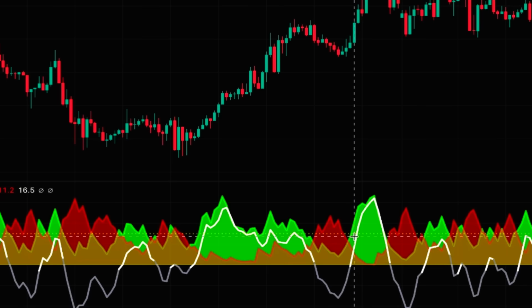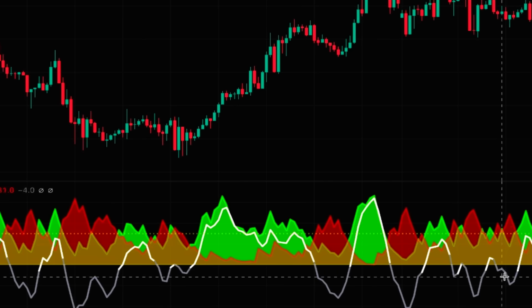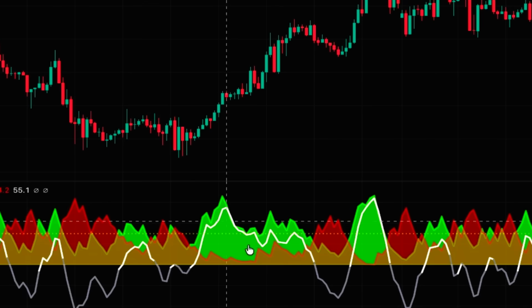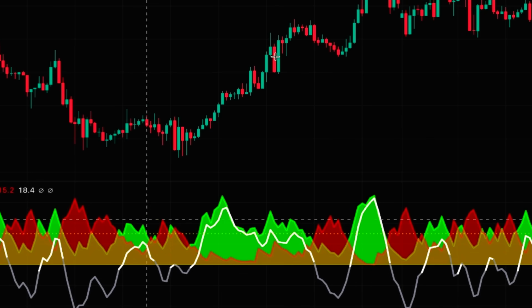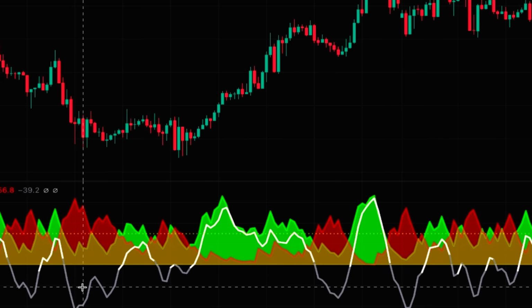You can consider it as an average pressure in the market. Unlike the green area and red area that are above zero, this white line is moving above and below zero. When the white line is above zero, there is higher buying pressure in the market, and in times that the white line is below zero, there is higher selling pressure in the market.